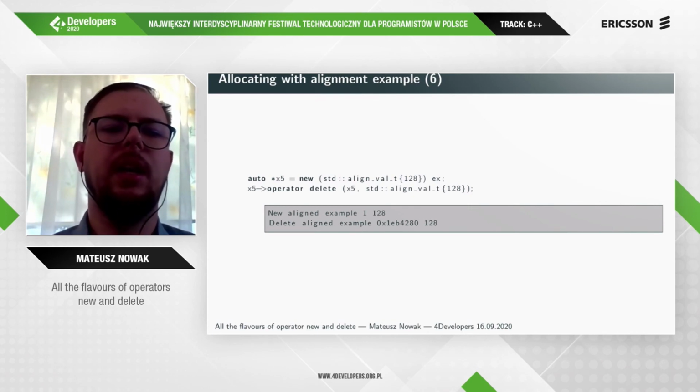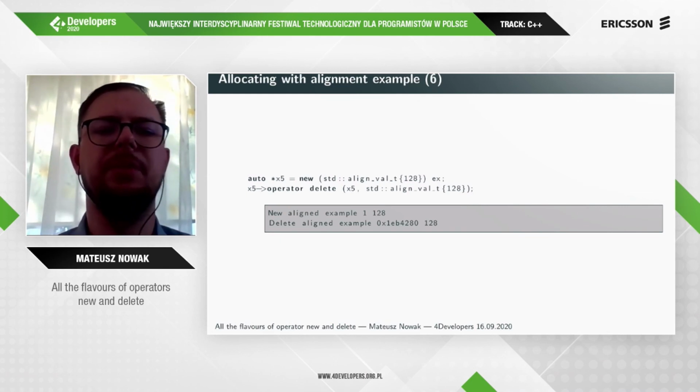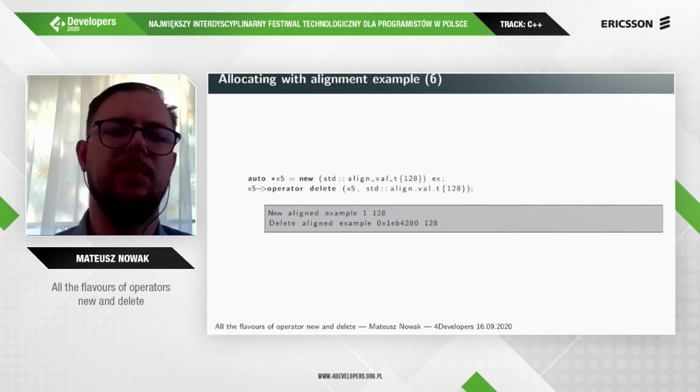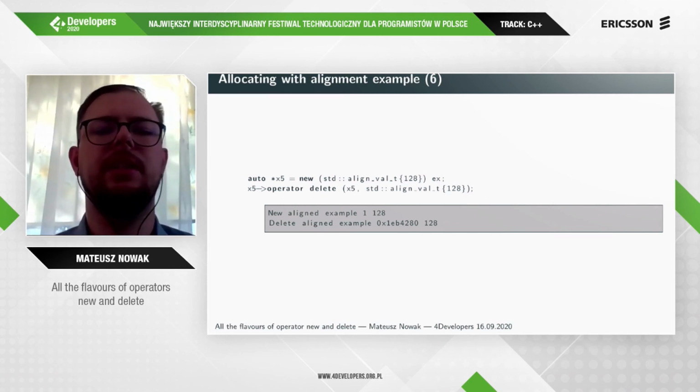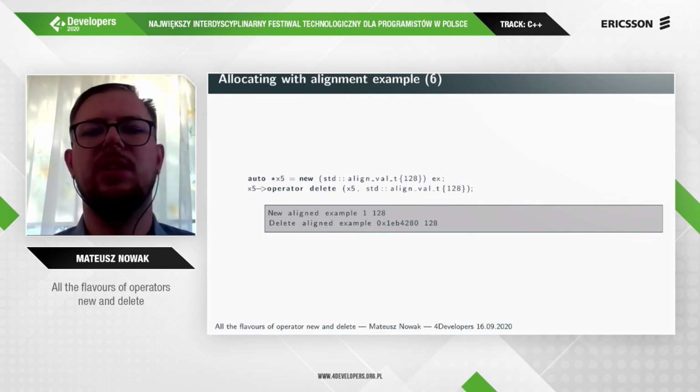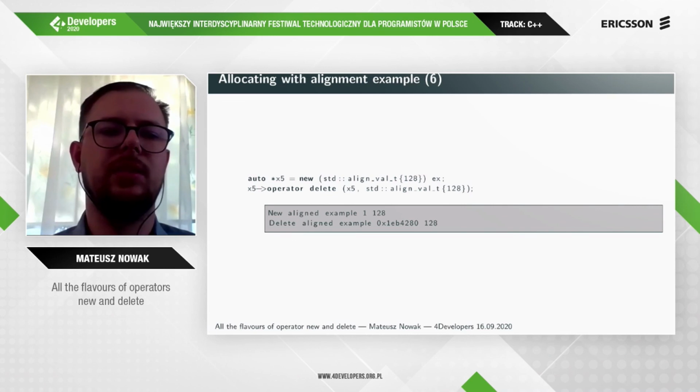So both our custom aligned operator new is called, and our custom aligned operator delete is called here. Again, in this case, we would have to put here an explicit call to the destructor because nothing else is calling it. So we are freeing memory in this case for an object that wasn't destroyed.